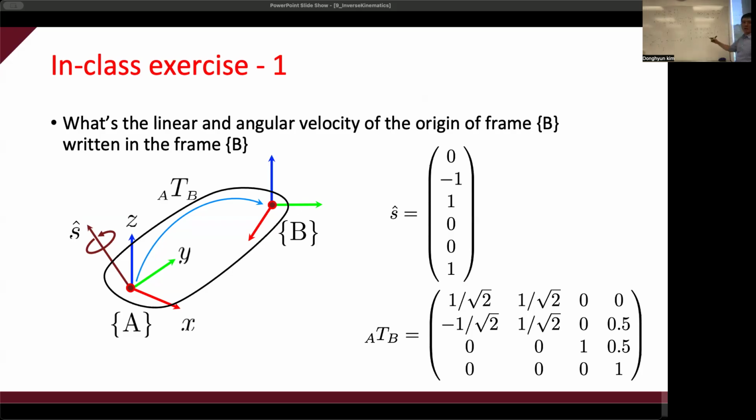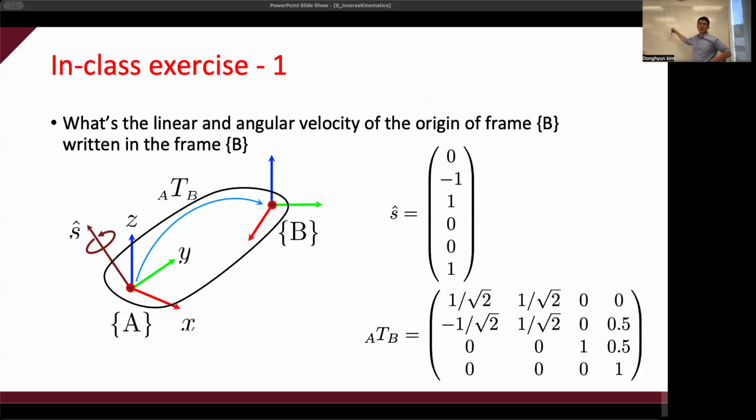And this frame A also has a linear velocity, which is 1 in the z direction. So the velocity of the frame B is -1, 0, 1, right? This is -1, 0, 1.